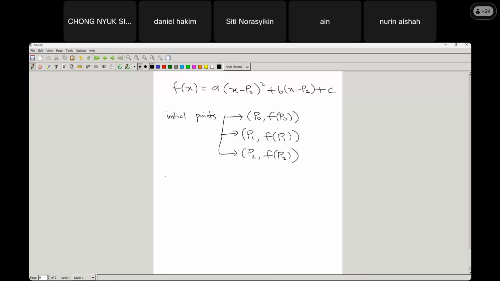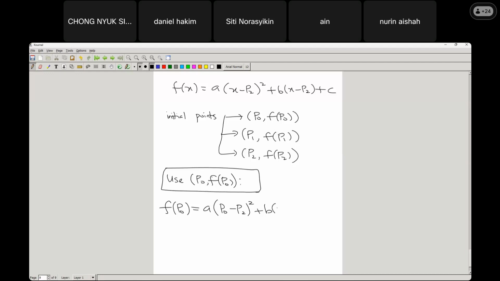First we use the first initial point. What do we get? We substitute x equal to p0. So we have f(p0) equal to a times (p0 minus p2) squared plus b times (p0 minus p2) plus c.